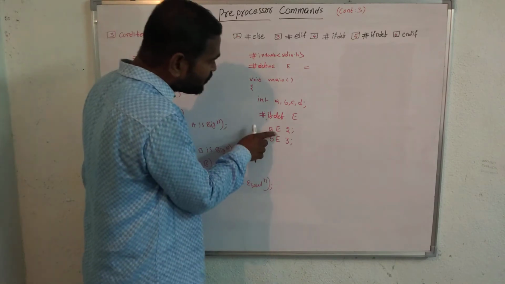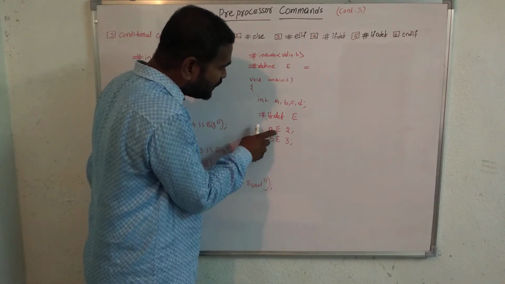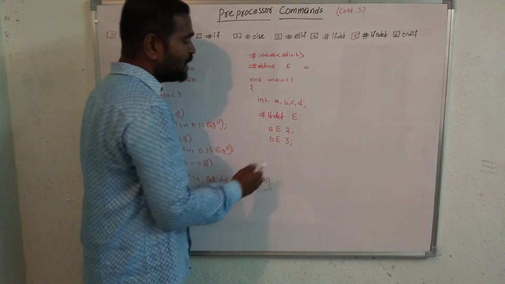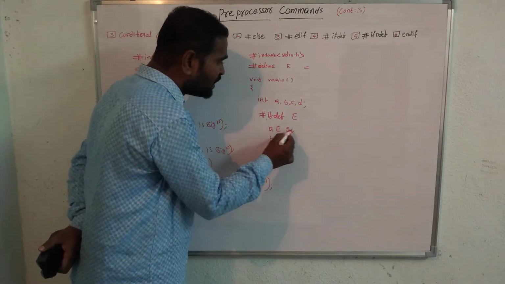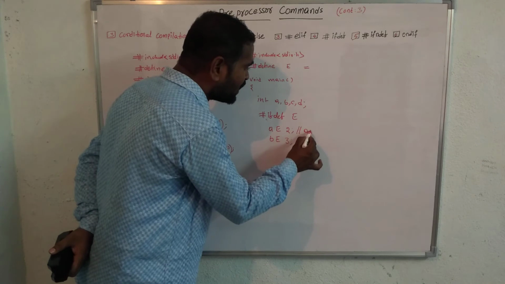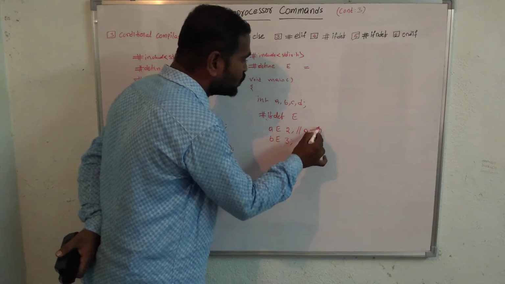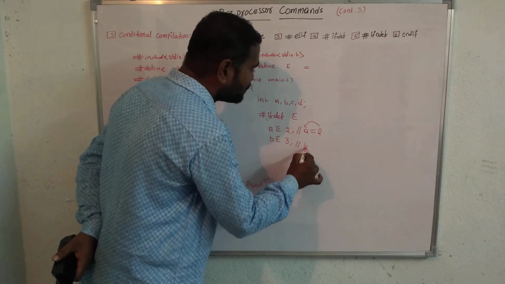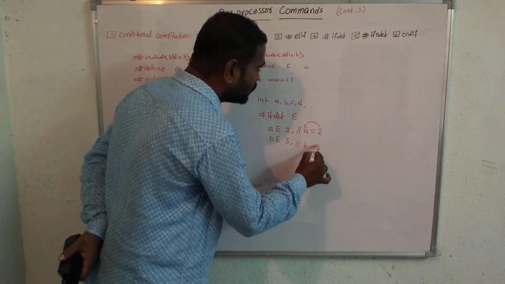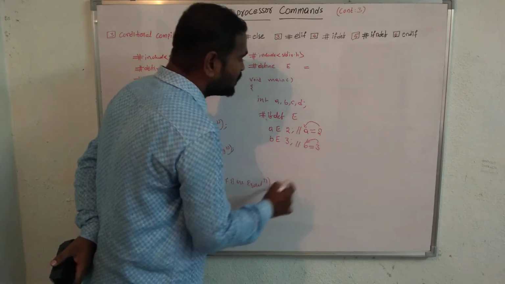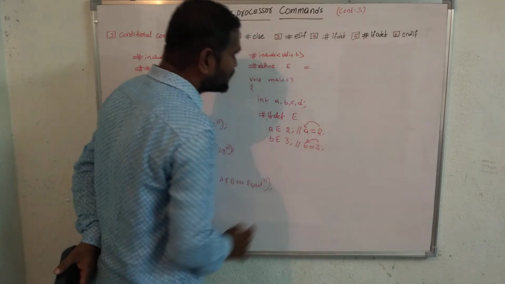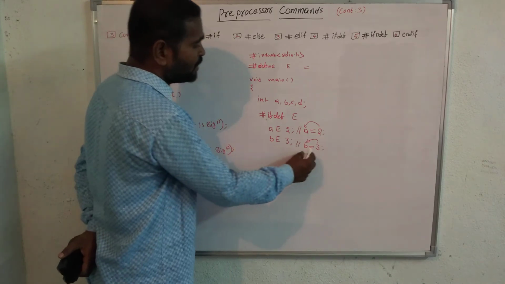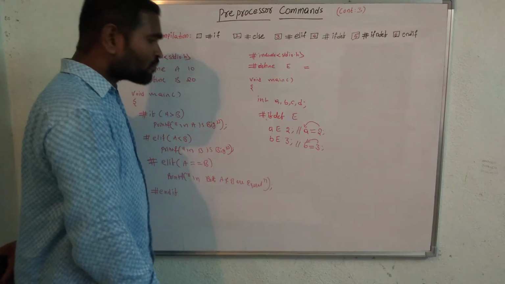That meaning is, wherever you use this E, the equivalent meaning is this assignment statement. So this statement's meaning is a assigned 2, and this statement's meaning is b location assigned 3 value. That is the equivalent statement. This statement's equivalent meaning is this one.